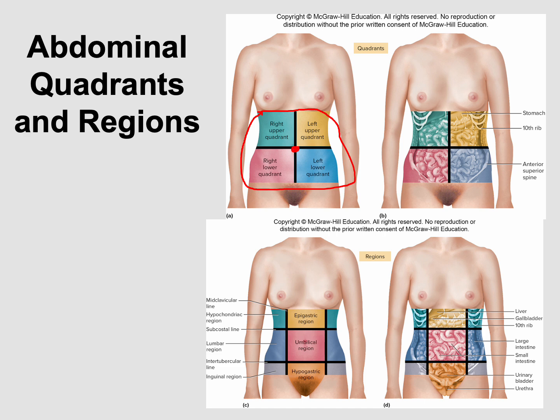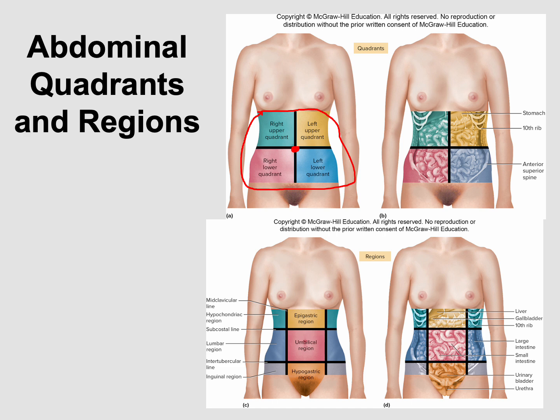From the umbilicus, 2 lines are drawn vertically and horizontally, and as a result, you divide the abdominal region into 4 quadrants.